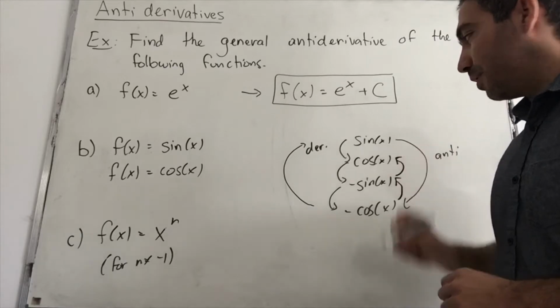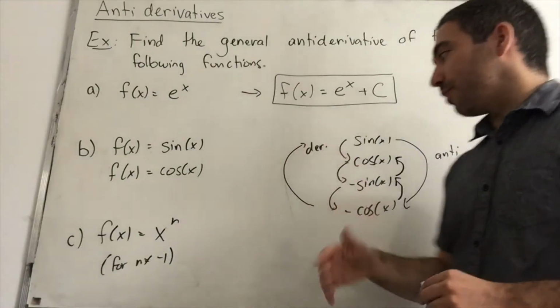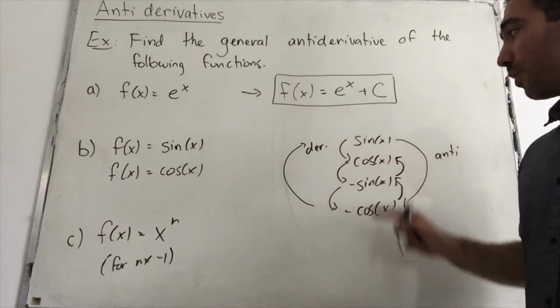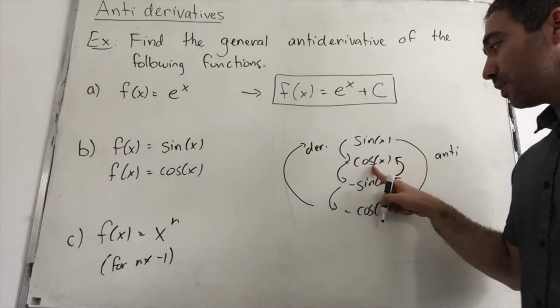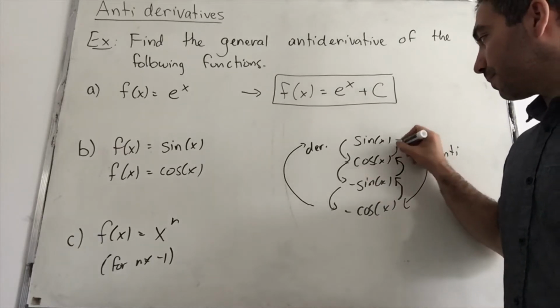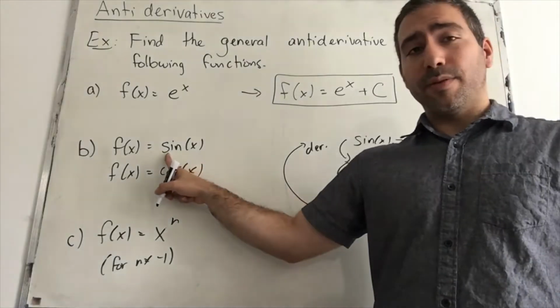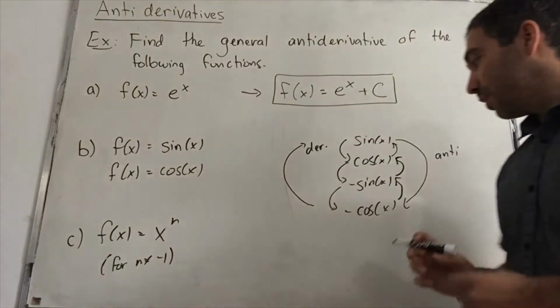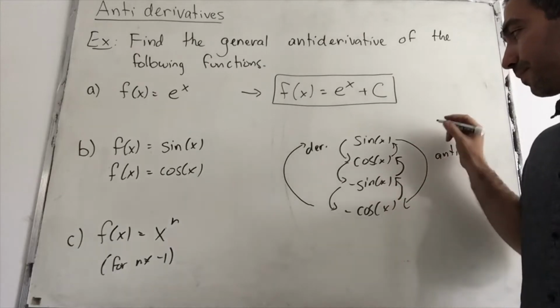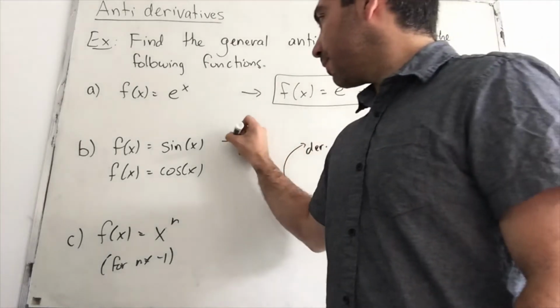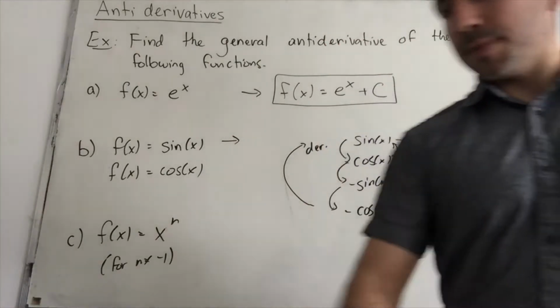So the same pattern is useful to write down for derivatives and antiderivatives, Cal 1 and Cal 2. Okay, so if we're looking for the antiderivative of cos, well, the answer is sine. Okay, so the antiderivative of cos is sine, and the antiderivative of sine is negative cos. Okay, from our pattern. So let's go ahead and write that. Let me erase the pattern.